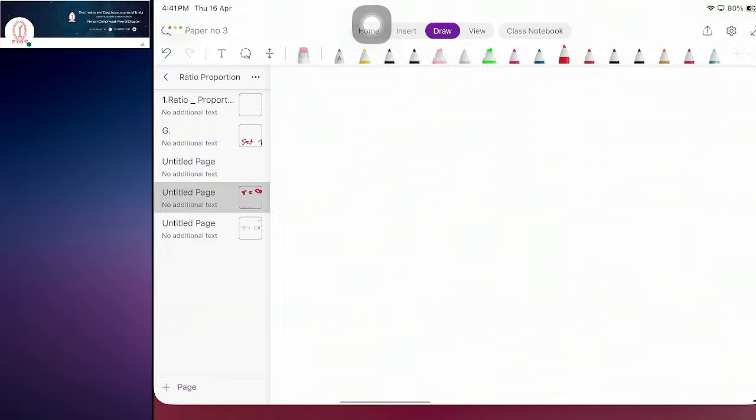Next question. Tickets are numbered from 1 to 100. They are well shuffled and a ticket is drawn at random. What is the probability that the drawn ticket has an even number? It means you have tickets 1, 2, 3, 4 and so on up to 99, 100.